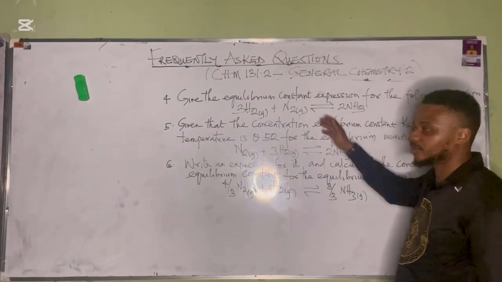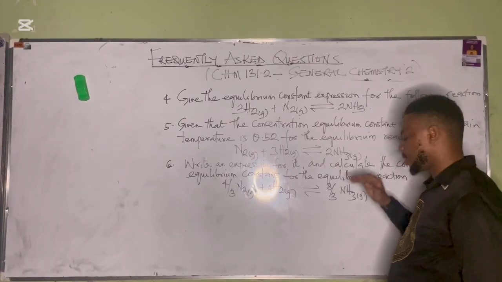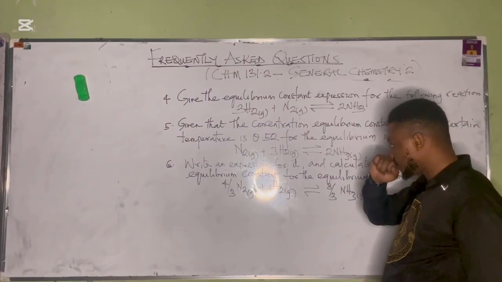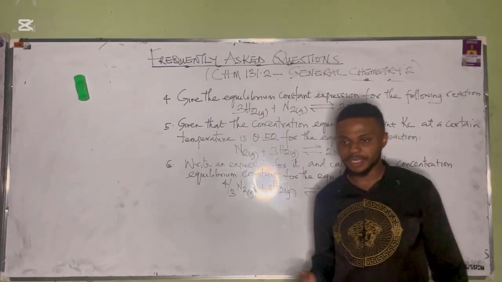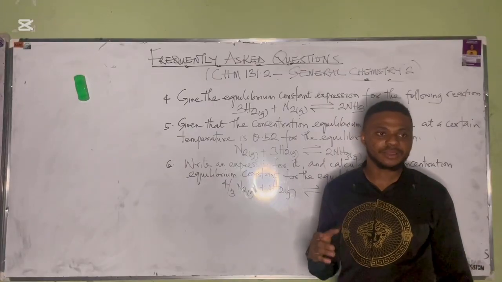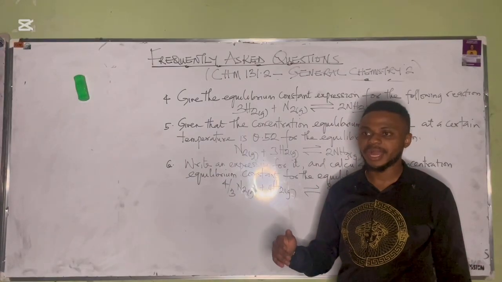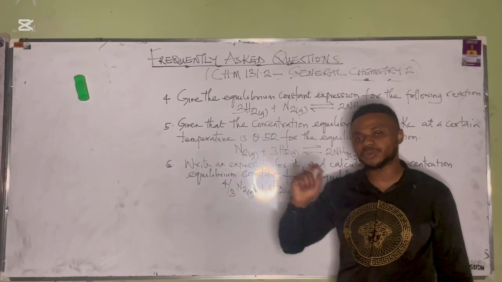So we have another set of questions. These ones are under chemical equilibrium, okay? And chemical equilibrium can be defined as the dynamic process in which reactants form products in a forward direction, and a reverse reaction occurs at equal rates.